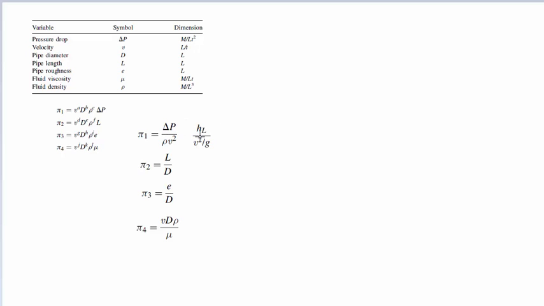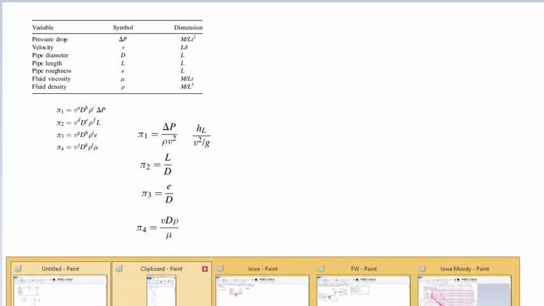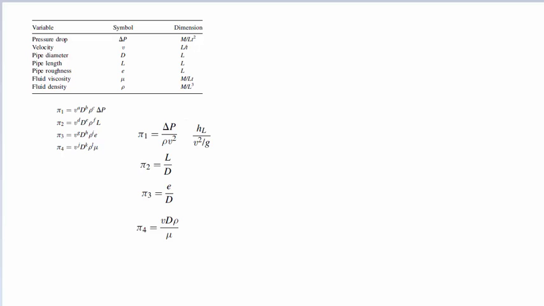So this is equivalent to this. Right off the bat, they called this parameter sort of the friction factor, because it deals with the roughness of the pipe and the diameter of the inlet.